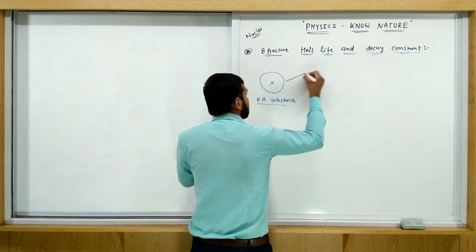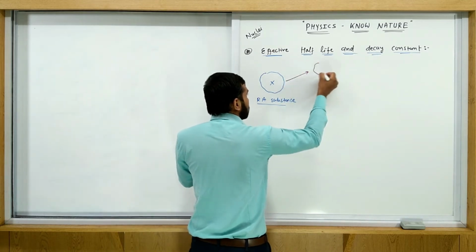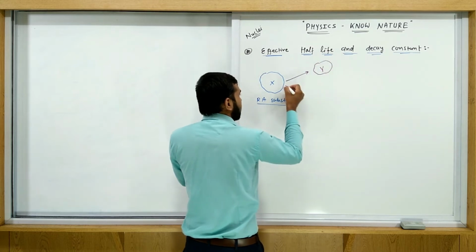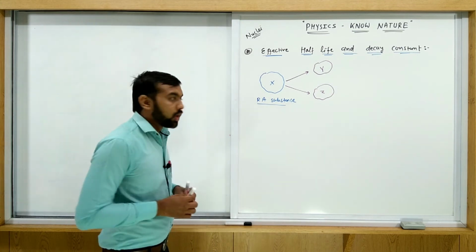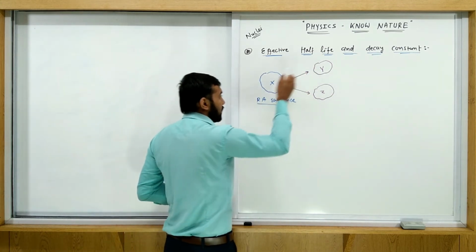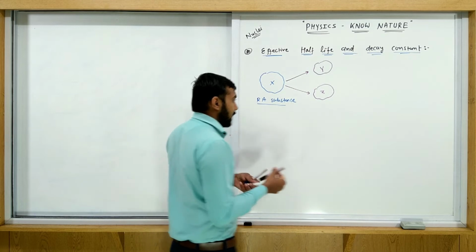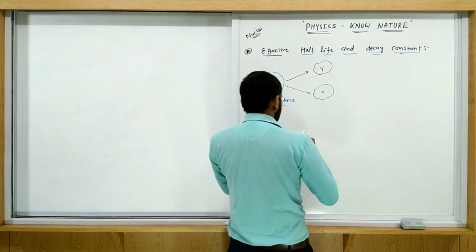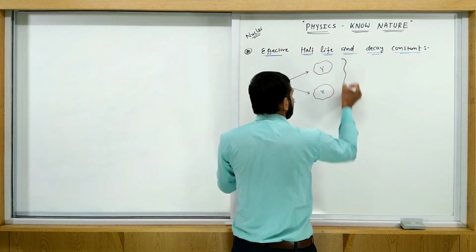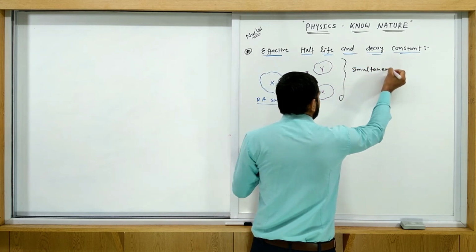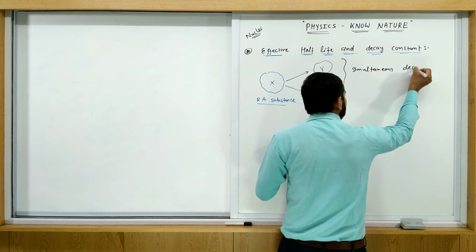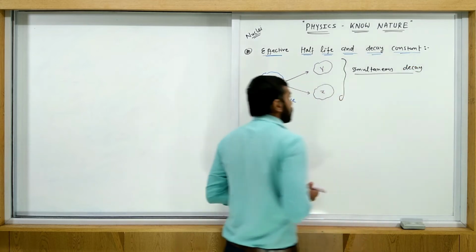Let's consider it decays into some other element y, and it also decays into another element, suppose it is z. So x decays into y and x decays into z simultaneously. So we also call this type of case a simultaneous decay.